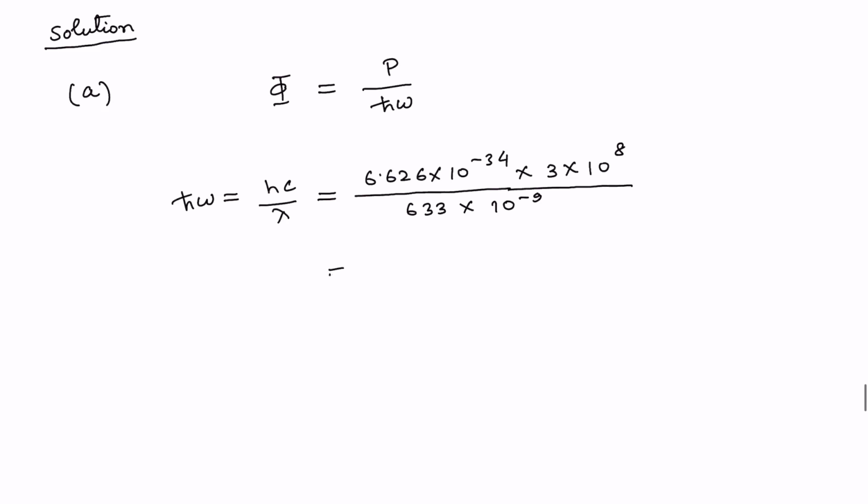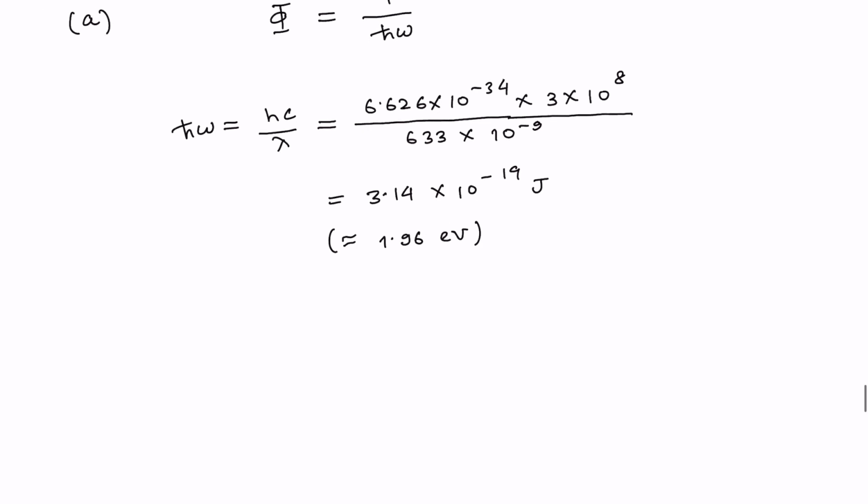If you do the calculation, you are going to get it as around 3.14 into 10 to the power minus 19 joule, and in terms of electron volt, this is around 1.96 electron volt.